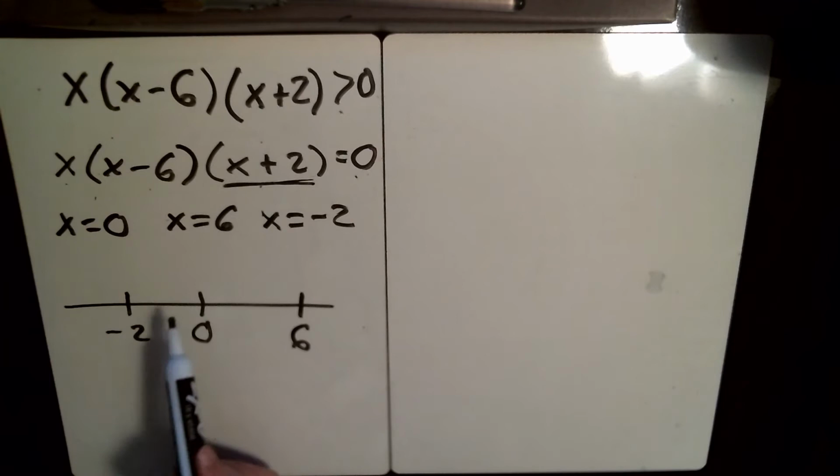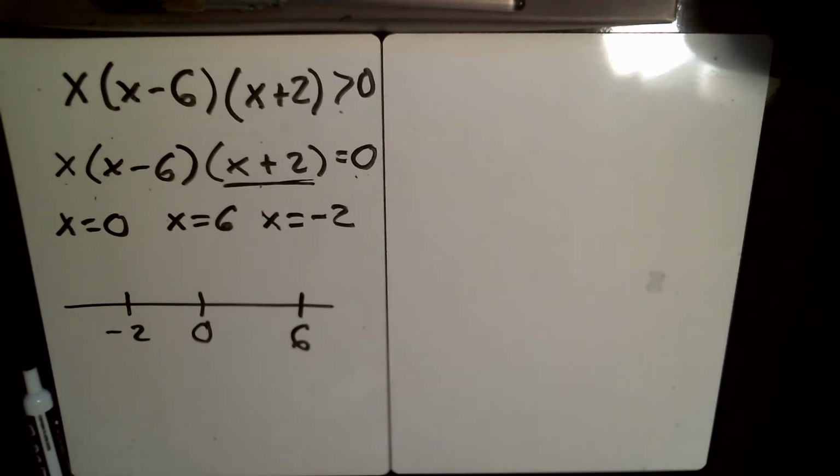But we know those are the places where it could change from working to not working. Those are the boundary points. So now I'm going to pick some numbers around those to figure out what pieces of the number line actually work.